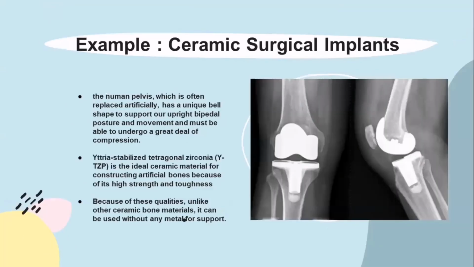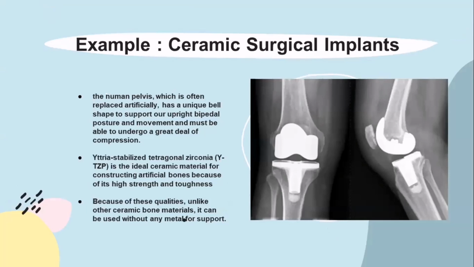This picture is an example of a ceramic surgical implant. The human pelvis, which is often replaced artificially, has a unique bell shape. It supports our upright bipedal posture and movement, and must be able to undergo a great deal of compression.